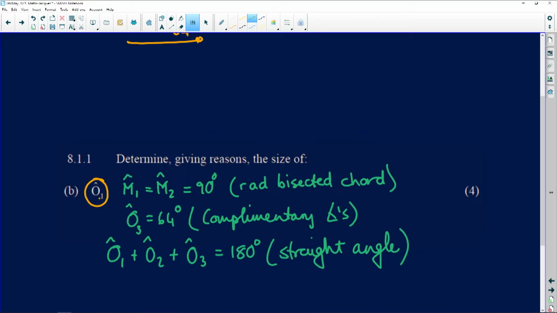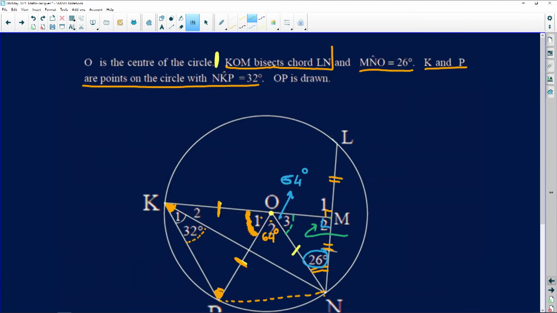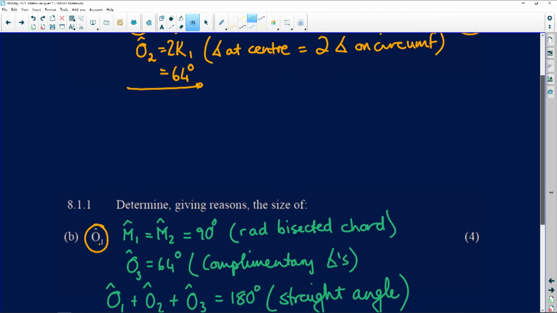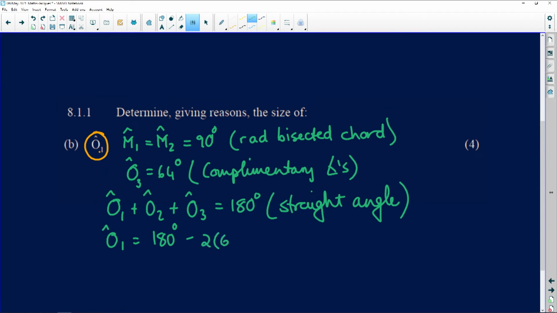O1, the one we're wanting, is equal to 180 degrees minus, now let's go for O2 again. O2 was 64, and both of them were 64. So we can just say minus twice 64.